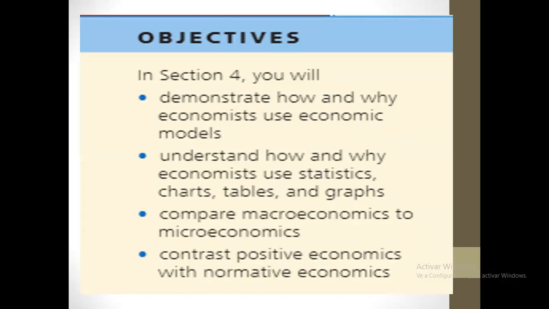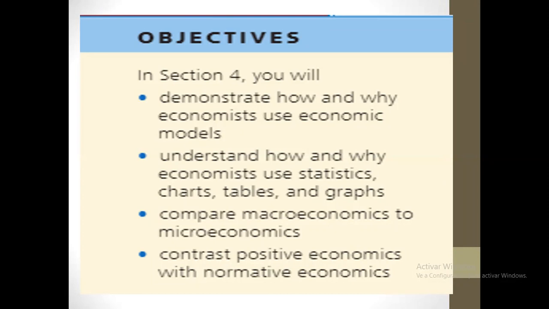Now, these are the objectives of this section. Demonstrate how and why economists use economics models. We started already this kind of model. Remember, the PPC is an example of a model. Second one, understand how and why economists use statistics, charts, tables, and graphs. Number 3, compare macroeconomics with microeconomics.